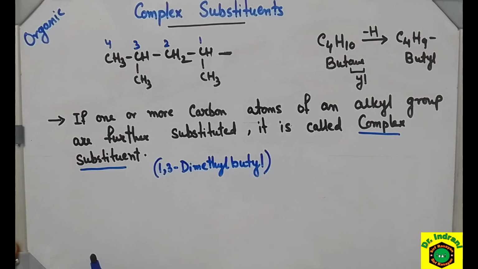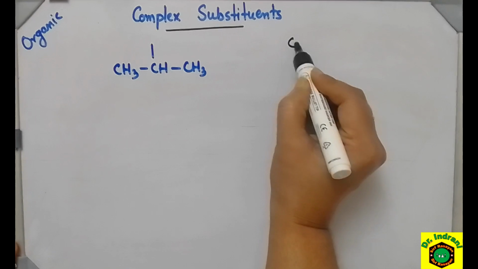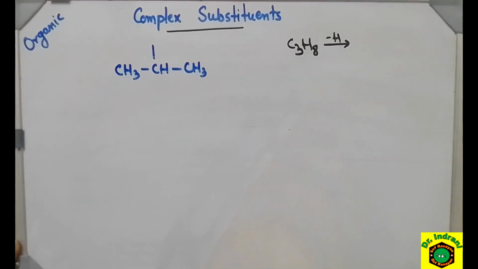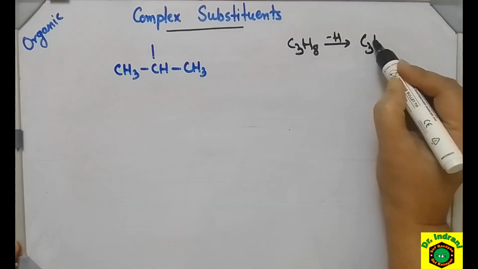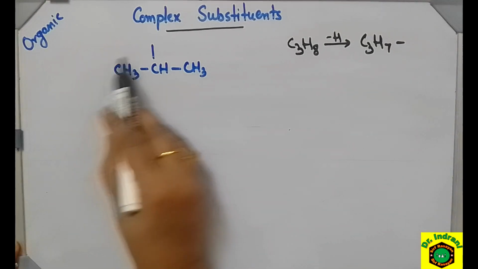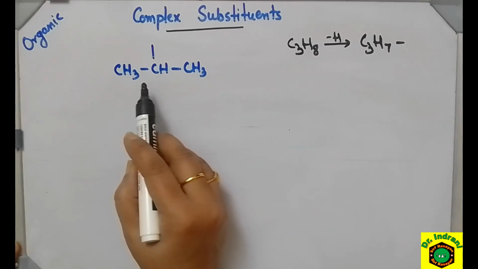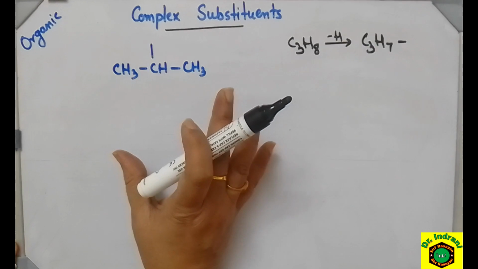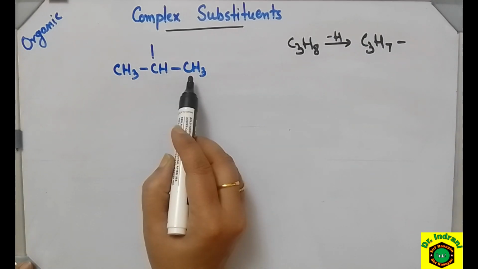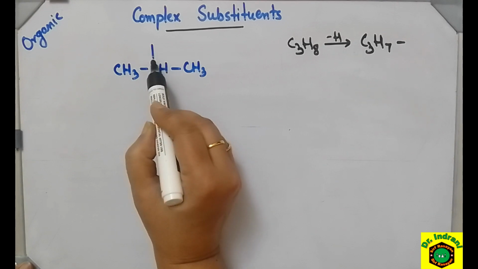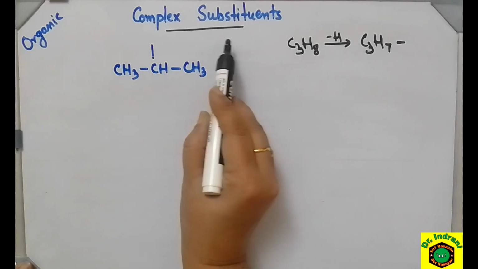Now see, C3H8 is propane. If one hydrogen we are removing, then C3H7 is propyl. So see here, if your substituent is like that, C3H7 is there, it is propyl, but it's not normal propyl because here from the substituent, attachment is there with the main chain.